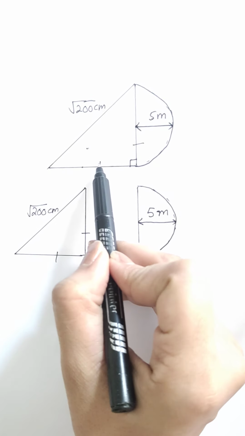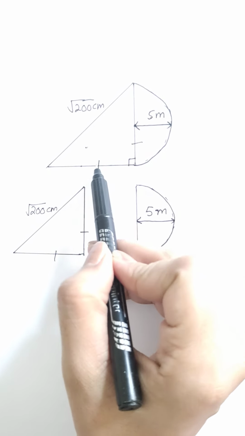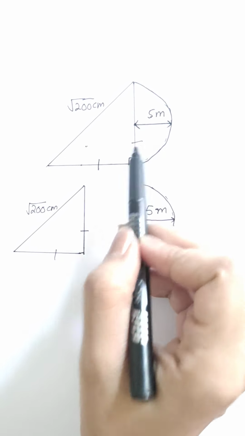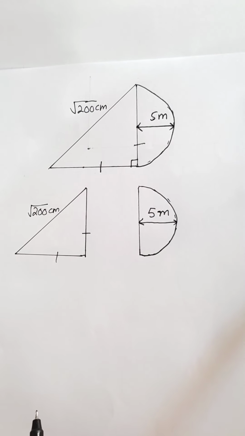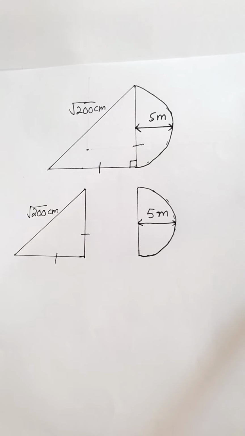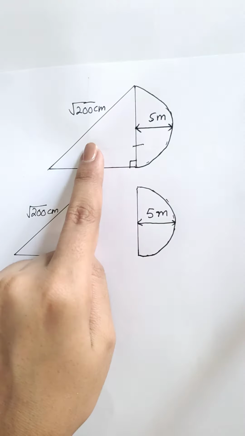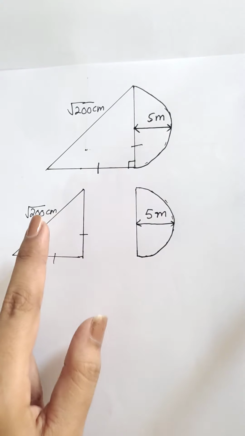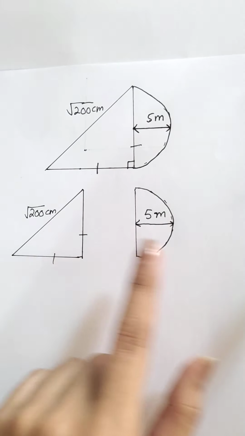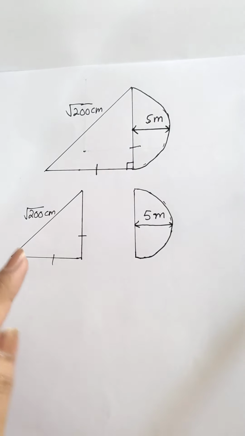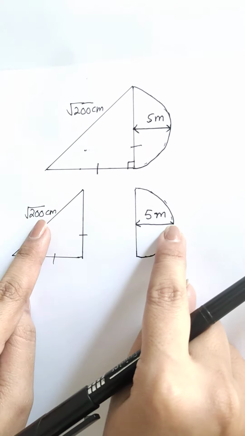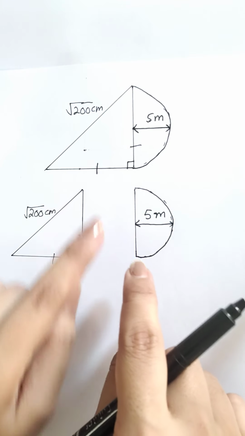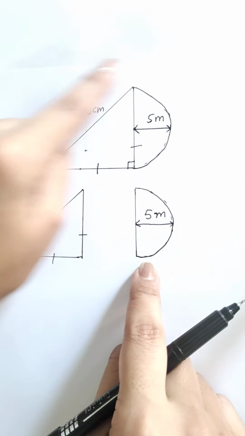You can see there are two lines, and these two lines show that both the lines are equal in measurement. So first we will split this picture into two parts. The one is the triangle and the other one is the semicircle. We will find the area of both step by step and then we will add the two areas of the triangle and the semicircle and get the answer for this shape.